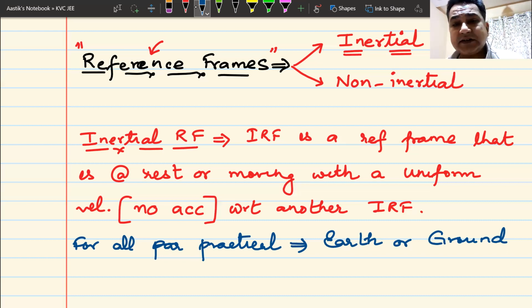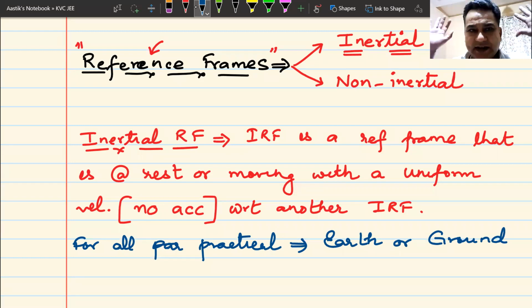If I am sitting in a bus and this bus is moving with a constant velocity, this bus is now an inertial reference frame. If you are in a train, car, aeroplane, or walking with uniform velocity with respect to earth, then you all become inertial reference frames, assuming that earth is an inertial reference frame.